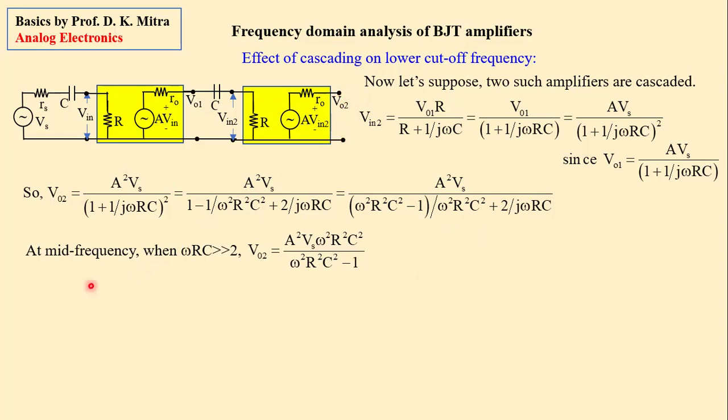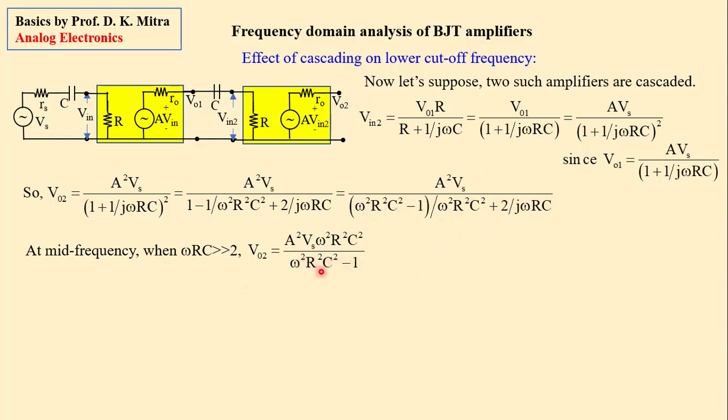Now, at a frequency where omega RC is much, much higher than 2, this part gets ignored. So the output is A square VS, with omega square R square C square in the numerator divided by omega square R square C square minus 1.